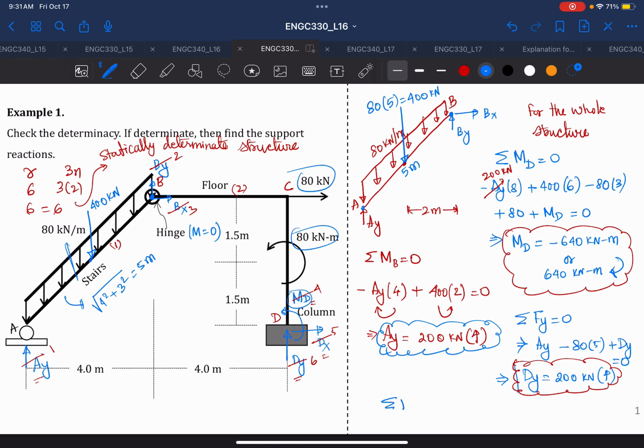And then finally, summation of all the force in x direction will give you DX, because the direction of your DX is positive, and also 80 is positive, which means that DX must be equal to 80 kilonewton in the opposite direction.